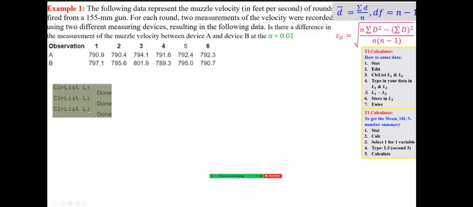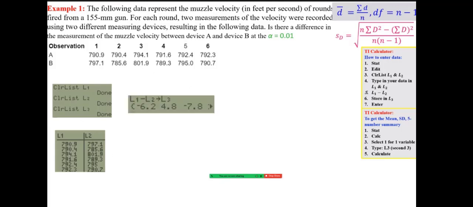L1 minus L2 is stored in L sub 3, creating a new set of data. We do one-variable stats on list L sub 3, do the calculation, and the result follows.